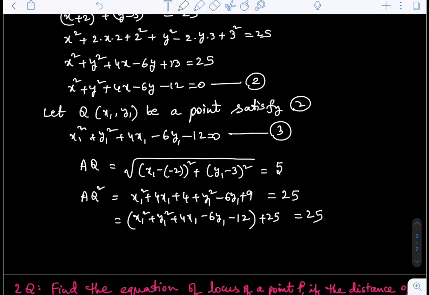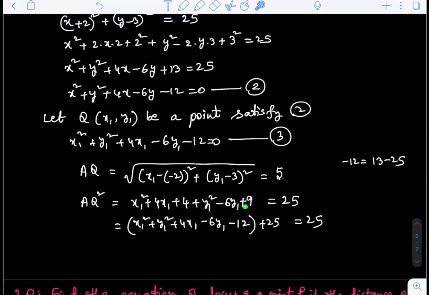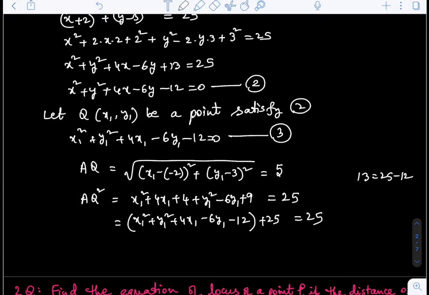Please observe my step once again so that you get an idea. What did I do here? I will explain. x1 square plus y1 square plus 4x1 minus 6y1, then 4 plus 9, how much? 13. Is there 13 in equation 3? Plus 13 is there? No. Minus 12 is there. It is 4 plus 9, 13, no? 13 is written as 25 minus 12.